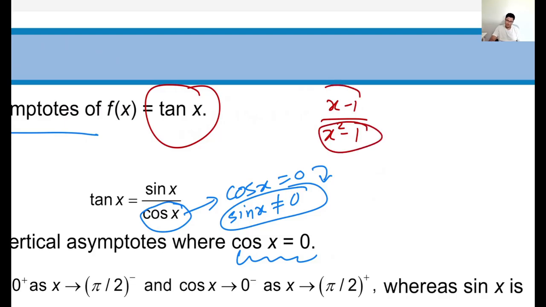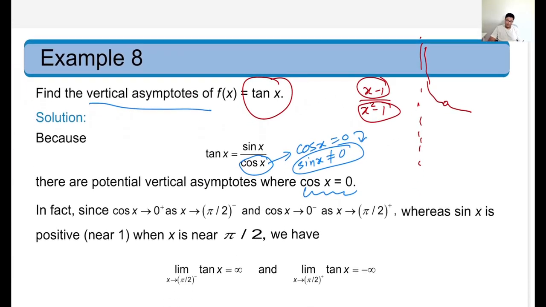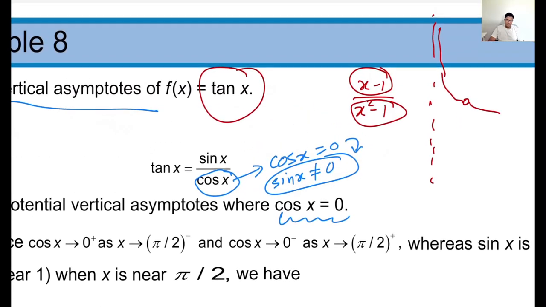But when x approaches 1, it will cancel with the numerator factor and you will get a hole in the graph, not an asymptote, right? There is a hole at 1, whereas only at minus 1 would you get that asymptote. Not at 1, but at minus 1. So it is important to check both.